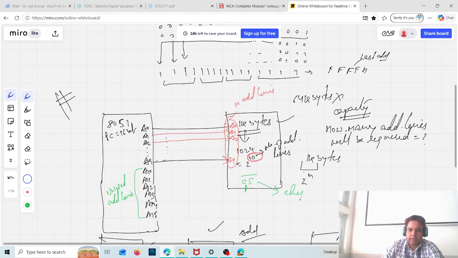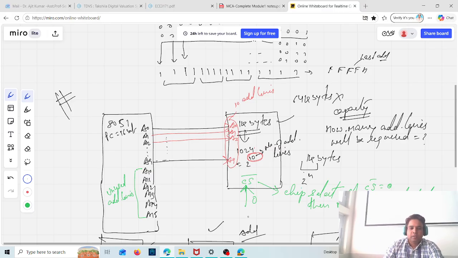If you remember, in the last class we talked about this concept of chip select. I told you that if CS bar is 0, it is an input pin, so if 0 is sent from the microcontroller to this pin, then your memory chip is selected.